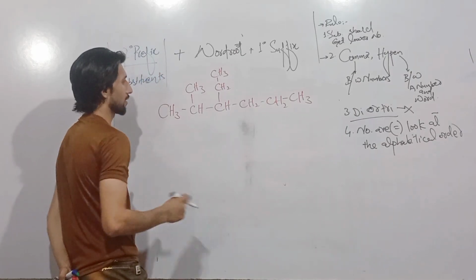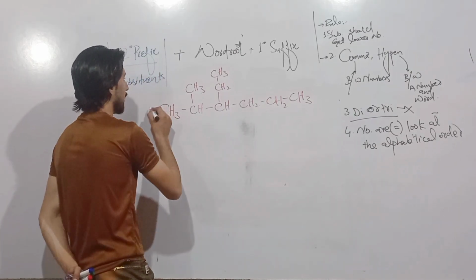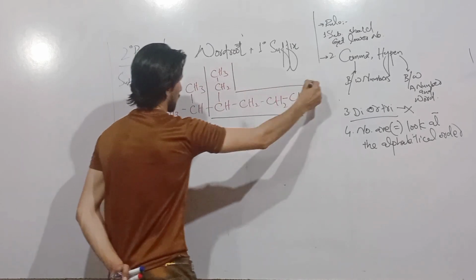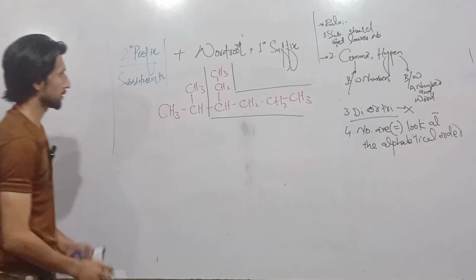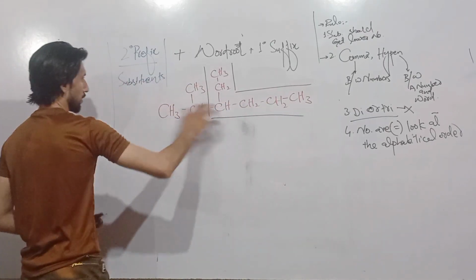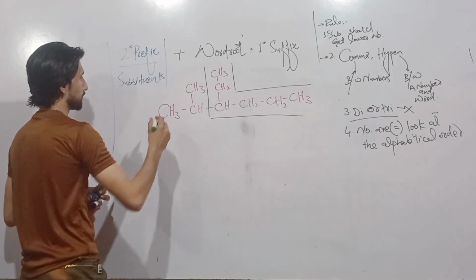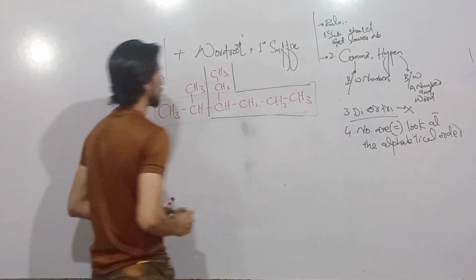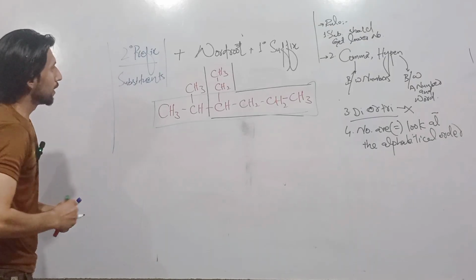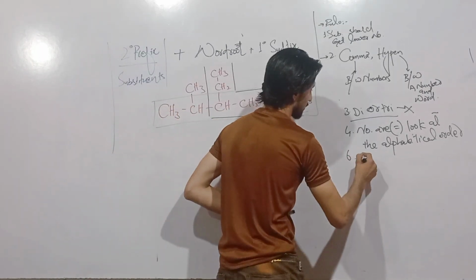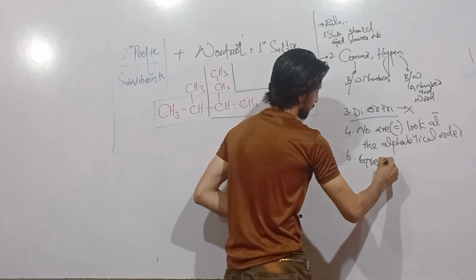So here I'll discuss the longest carbon chain rule. Okay, I have two options. One is to select this one, our longest chain containing 6 carbons. Okay, 1, 2, 3, 4, 5, 6. And it could also be like this one containing 6 carbons. Which one should I opt for? Here is the rule. Opt for the longest chain that contains the greater number of substituents.